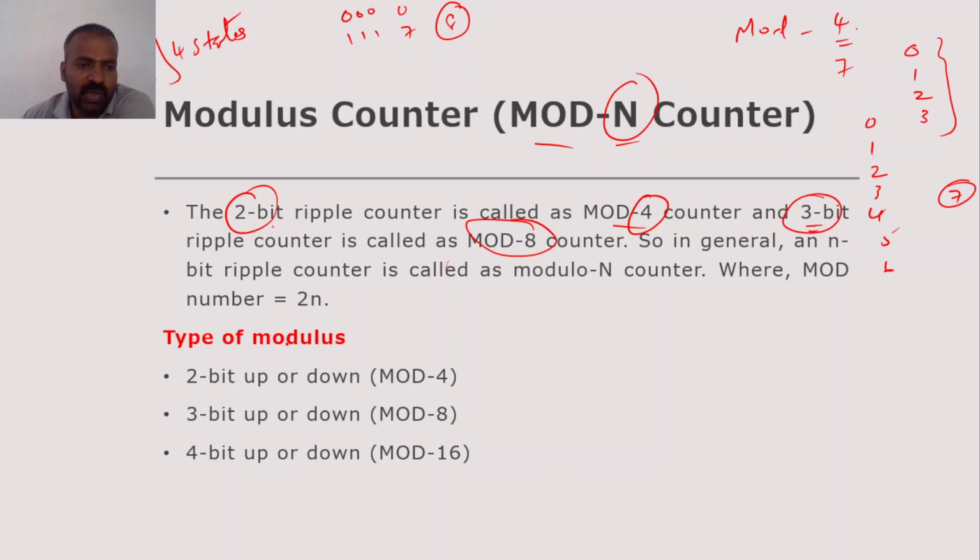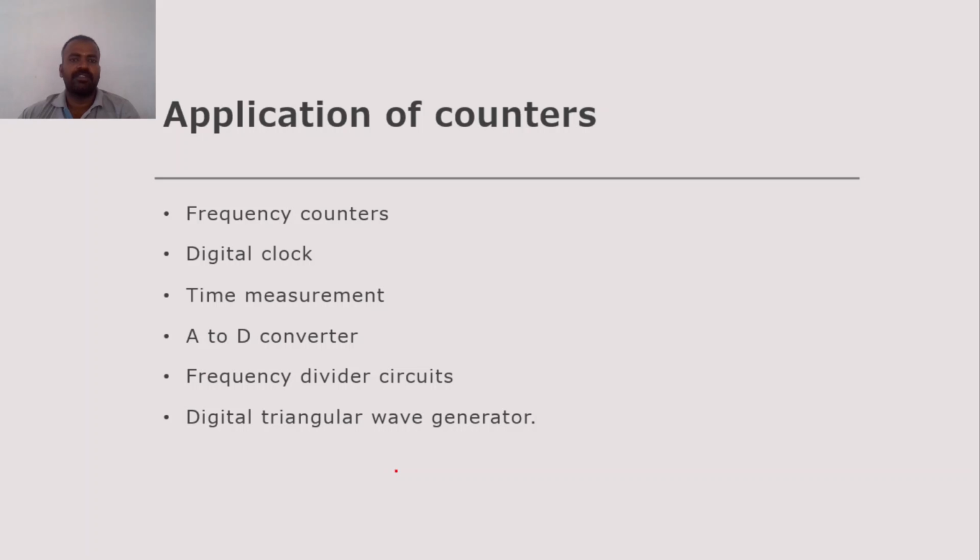Okay, fine. So in this type of modulus counter, there are a variety of types. That is, 2-bit counter is called as mod 4, and 3-bit counter is called as mod 8, and 4-bit counter is called as mod 16. So these are different types of counters we'll see in the upcoming slides. Okay, fine. And the next thing is applications of counters. Where we are going to use these counters.